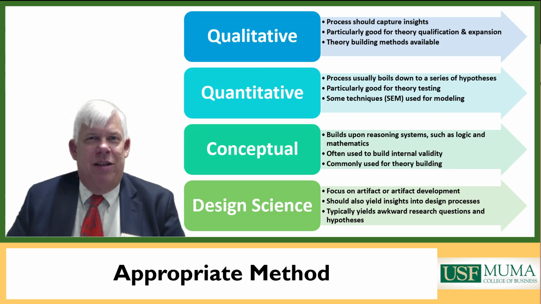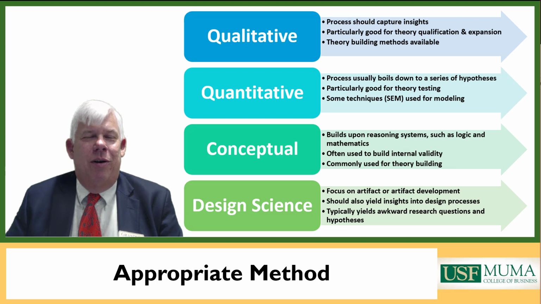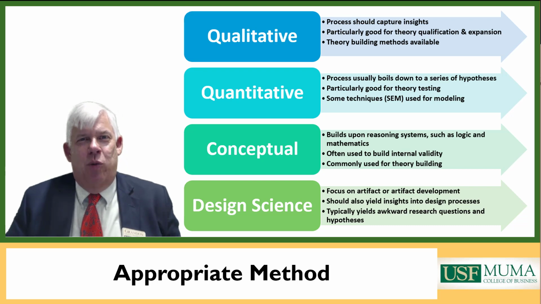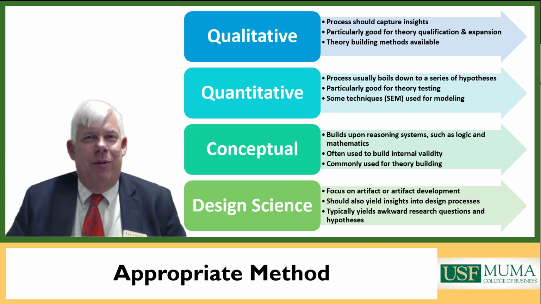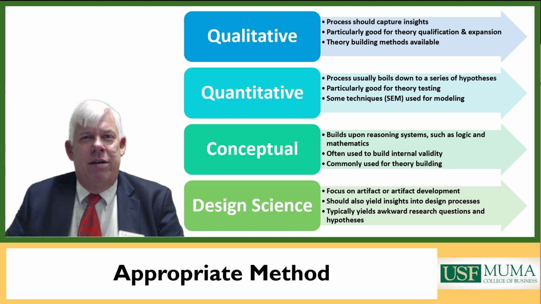Though that's the type of question we often see in design science papers, and then they can turn that into a hypothesis. H1, through design science research, we can build a better mousetrap, and then we have to test that hypothesis. And that's all very, very artificial. A lot of times it's just okay to have good research objectives and good insights.